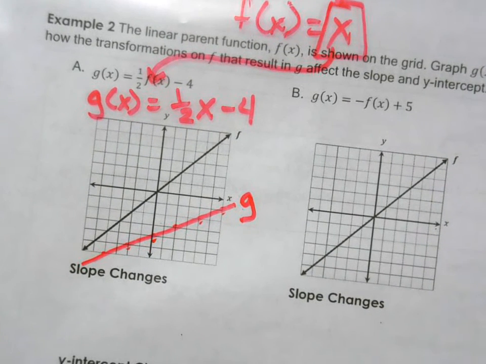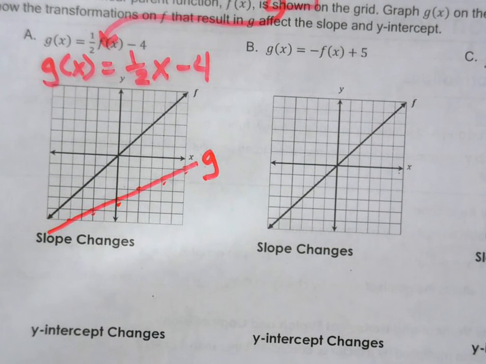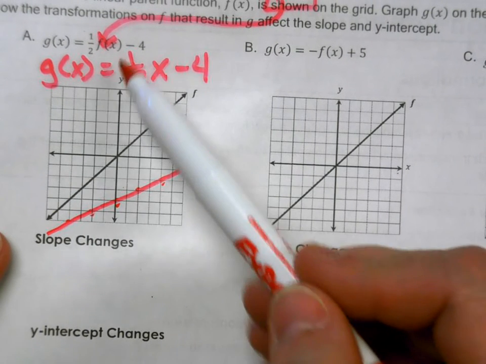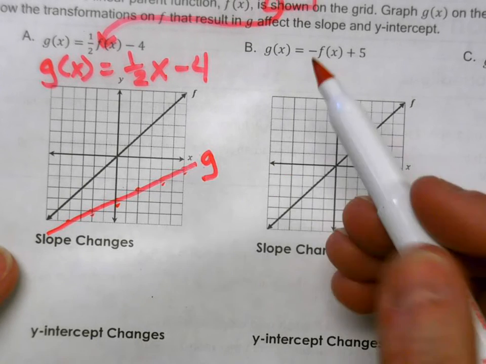Do you have to graph it to know what changes would happen? You don't have to, right? No. But if you prefer to look at it, you're more than welcome to graph it and see what happens. But what does this 1/2 in front of the x tell me? That's the slope.